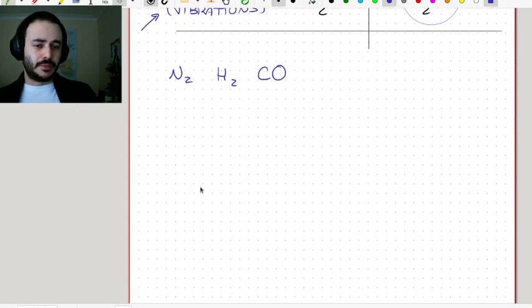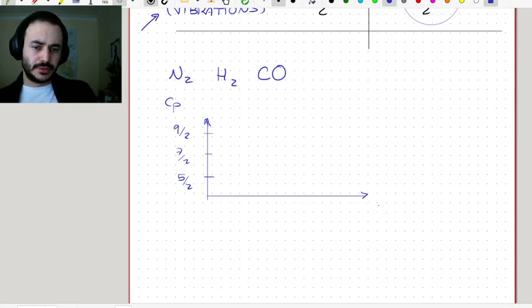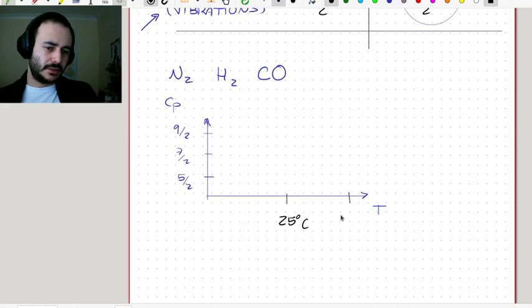So let's just write the levels, if you like. Here, this would be the 5/2, and this would be the 7/2, and this would be the 9/2. This is heat capacity at constant pressure in this case, and here I'm going to draw the temperature, okay? So what I'm telling you is that I find, experimentally in the lab, values in, say, room temperature type of thing, say 25 degrees. Imagine this is not a linear scale at all, right?